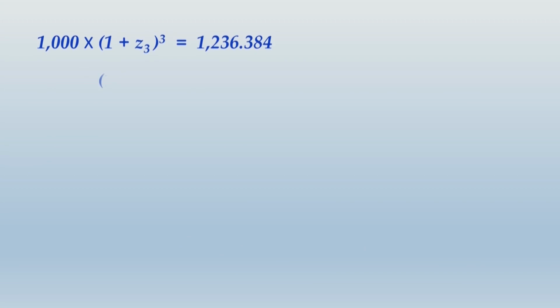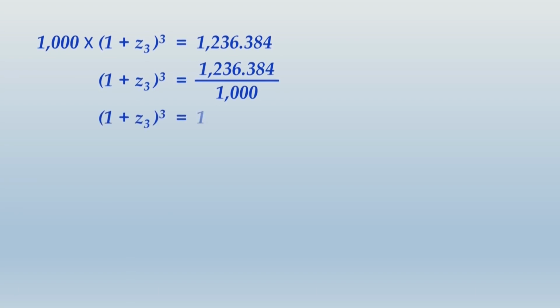I have already explained this to you earlier. 1000 into 1 plus Z3 raised to 3 would give you the maturity value, that is 1236.384. Through this equation we can find the value of 1 plus Z3 raised to 3, which comes to 1.236384. And when you want to compute 1 plus Z3, it will be 1.236384 raised to 1 by 3.